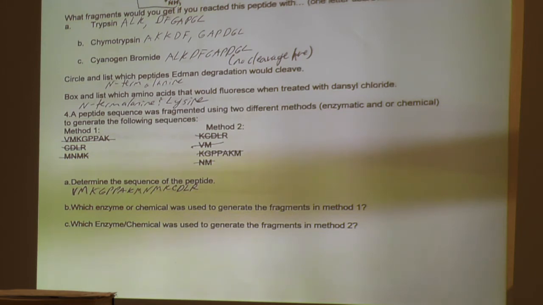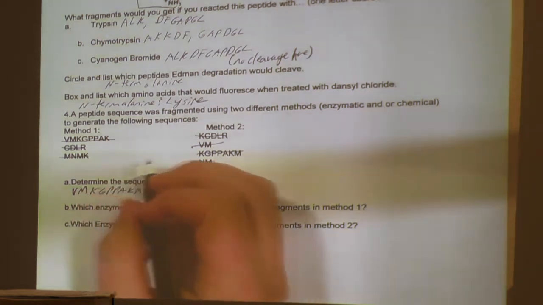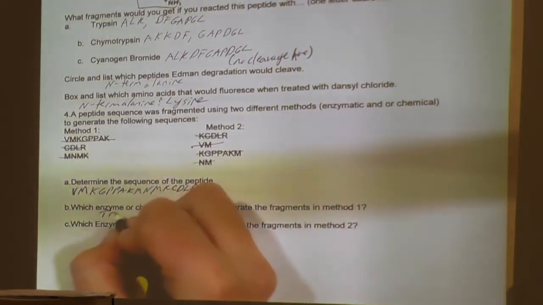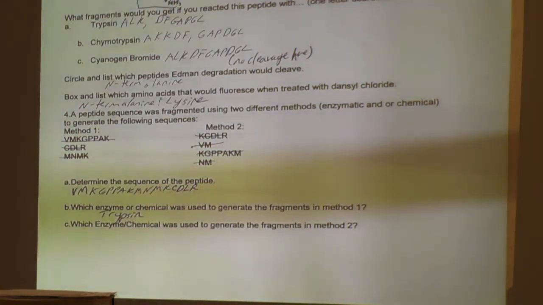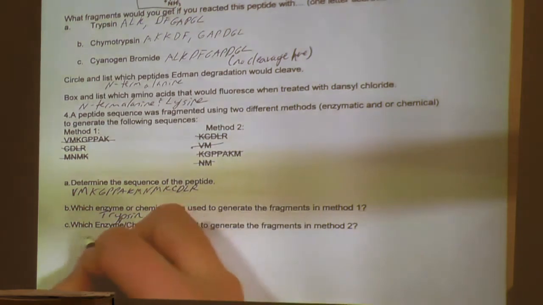Trypsin? Does everybody like trypsin? It would be trypsin. We did just go over this. So which enzyme or chemical was used to generate the fragments in method 2? Cyanogen bromide. Does everybody like that one? Okay, awesome.